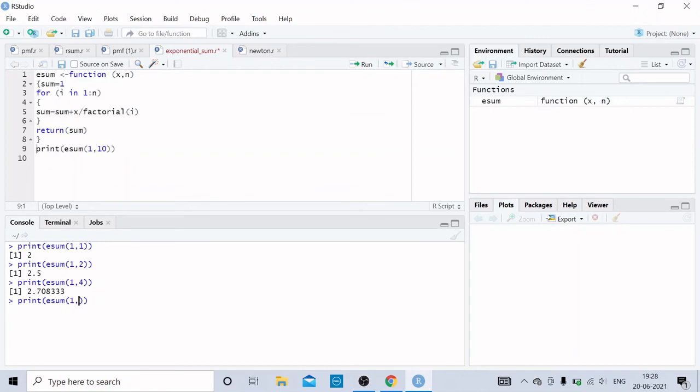See, this is the answer when we are approximating this at the sixth degree polynomial, 2.718. Value of e at the 10th degree polynomial, 2.718282, etc. So these are the error distribution.